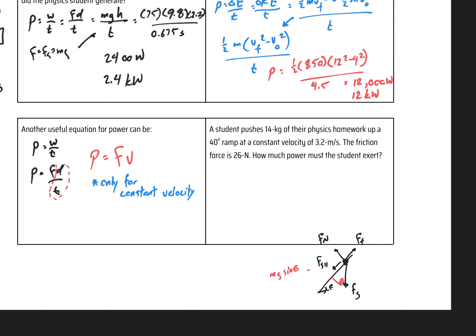If I understand it this way, power is the applied force times velocity. Well, that force that we're going to be dealing with is the parallel chunk down the ramp plus friction pointing up the ramp, times the velocity of the thing. And then we go through and solve for all the pieces.